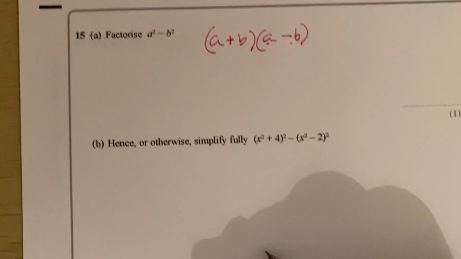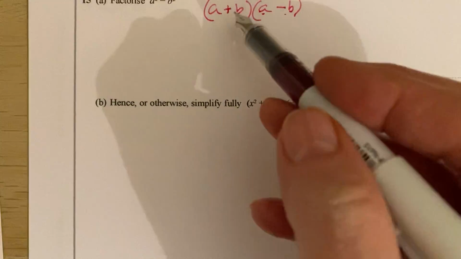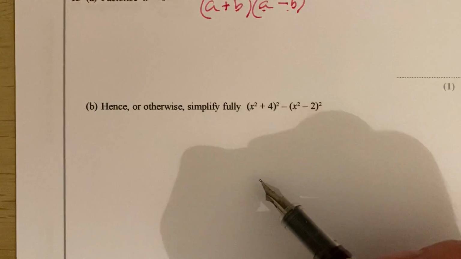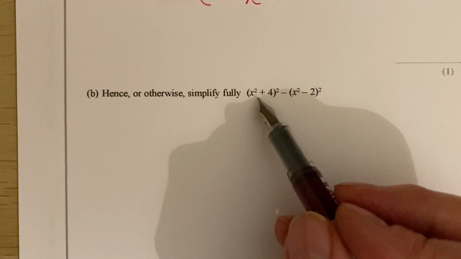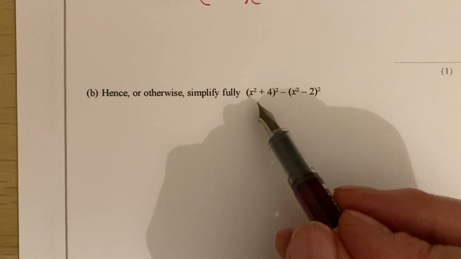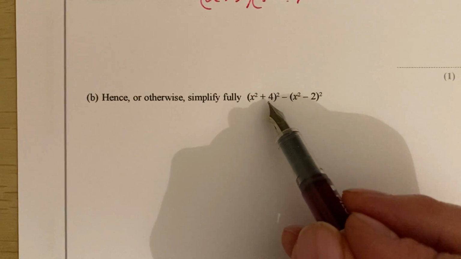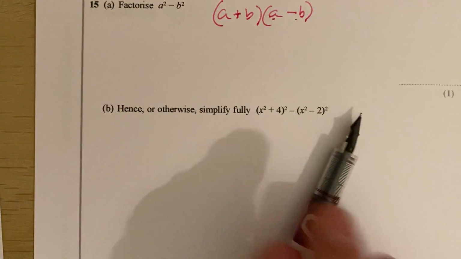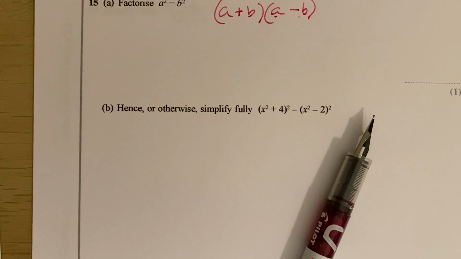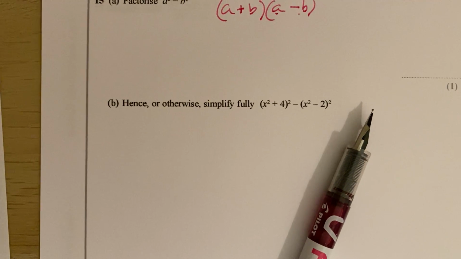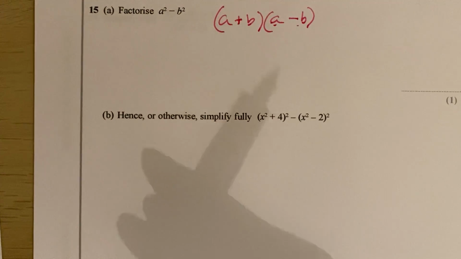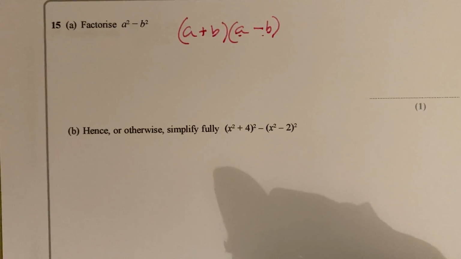That's just memory. If you know any other way, do another way, but I'm going to try and work it from that point. Simplify fully all of this. It really does look quite confusing, and it's going to take some time to think about. Essentially at this point, you've got to think, what can I do?